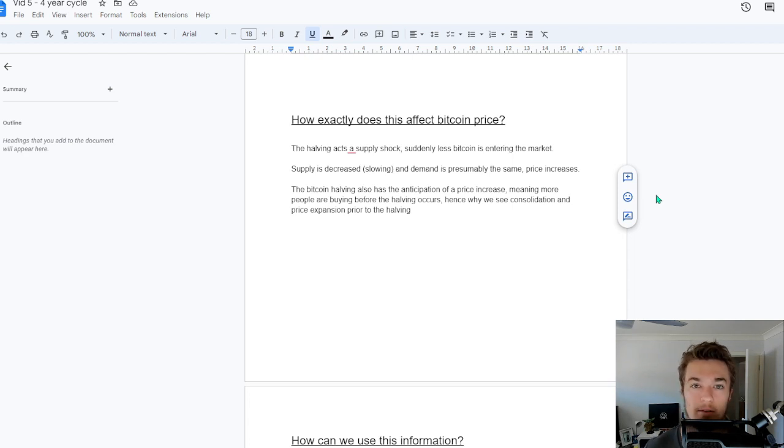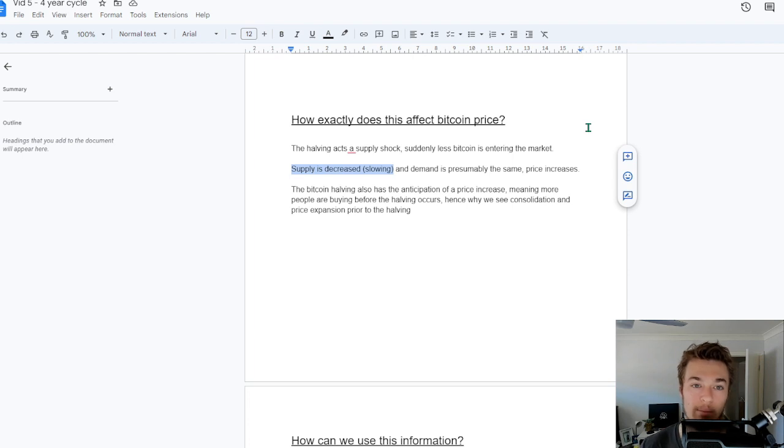And if you do simple economics or business or maths, when the demand is greater than the supply, price will increase. So if demand stays the same, hypothetically, which is what I've got written here, supply is decreased or slowing, and the demand is presumably the same, price increases.